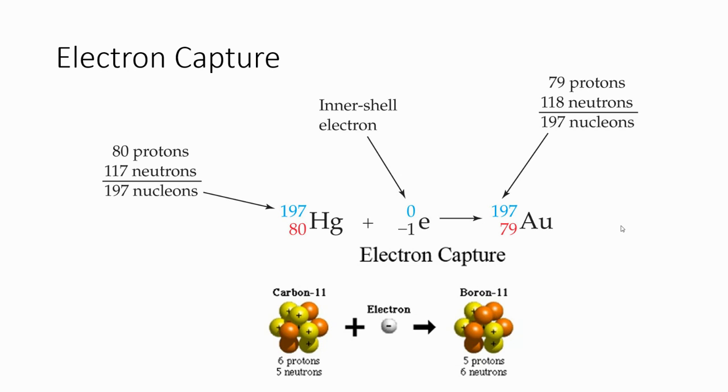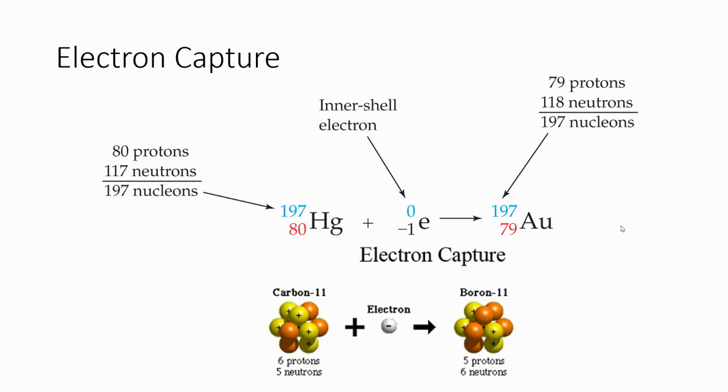In particular, what we're talking about are inner shell electrons, electrons that spend most of their time very close to a nucleus, sometimes can be captured by that nucleus. And in particular, they're captured by a positive proton. So think about electrons are negative, protons are positive, they are attracted to one another.